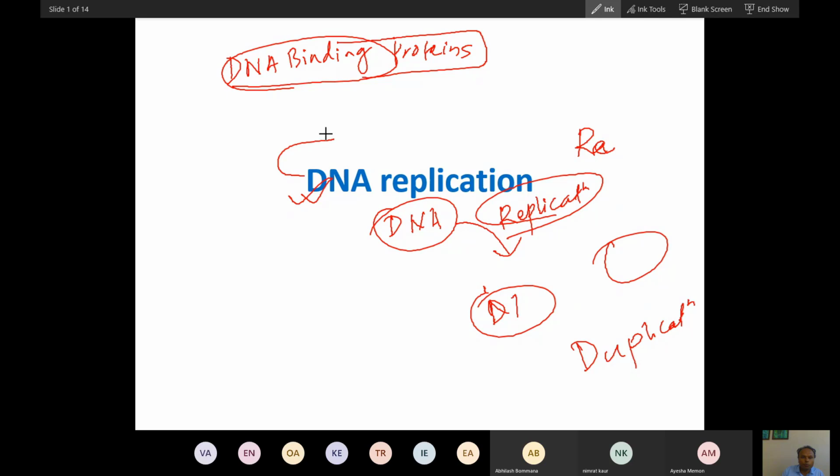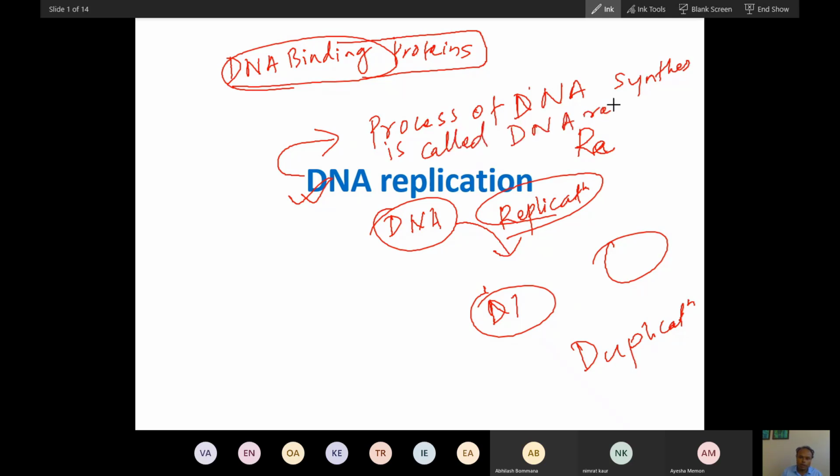DNA replication is the process of DNA synthesis. If you have to use the term process of DNA synthesis, it is called DNA replication. Simple. So it is the process of DNA synthesis on which? On old DNA template.